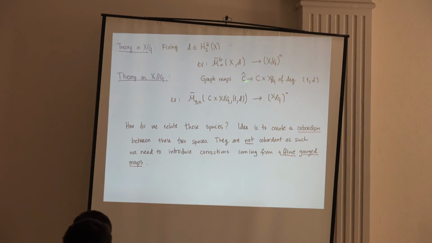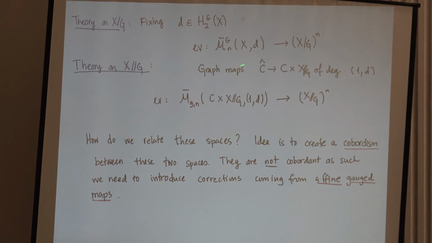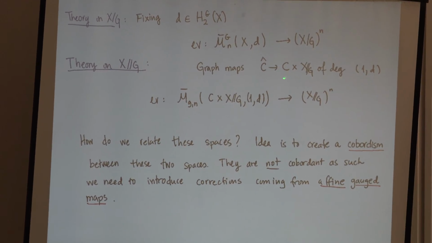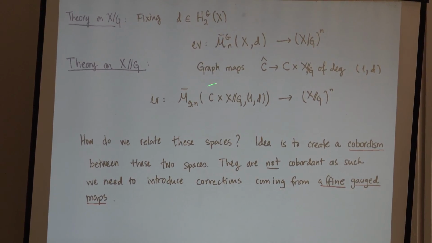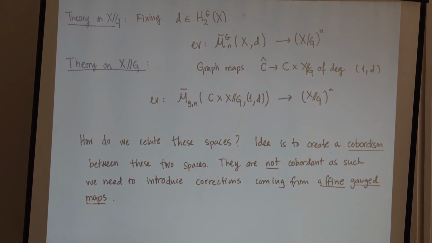So it's actually graphs. So they're not exactly maps, but they are graph maps. So I am picking a particular component that is isomorphic to my smooth curve that I had. And so the relation is that you don't have really the Gromov-Witten theory that goes into X mod G, but it is essentially the graph space that you have in there.